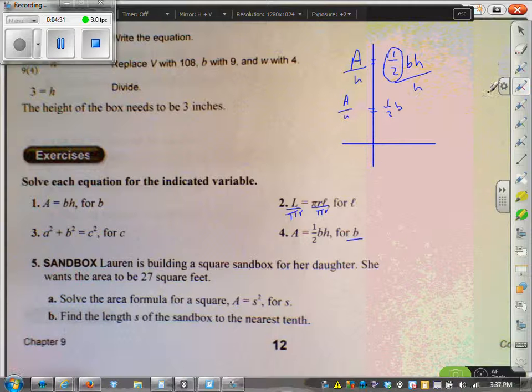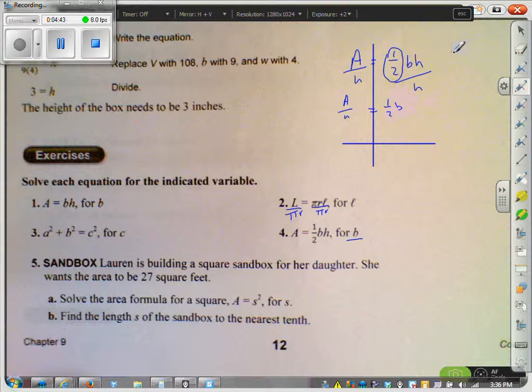Now, if you remember, to get b by itself, I have to look at what's happening to b. It's being multiplied by 1/2. So what's the opposite of that? How do you undo that? You have to divide by 1/2. And we can't divide by fractions; we have to multiply by the reciprocal. So we multiply by the reciprocal of 1/2, which is 2 over 1.